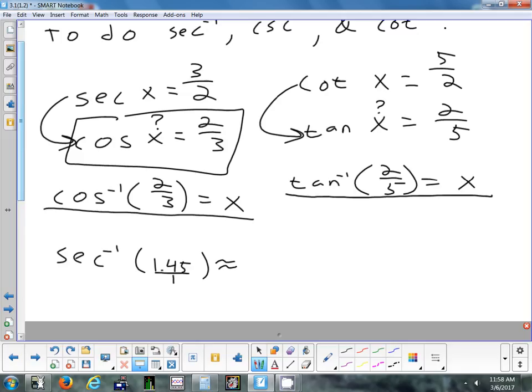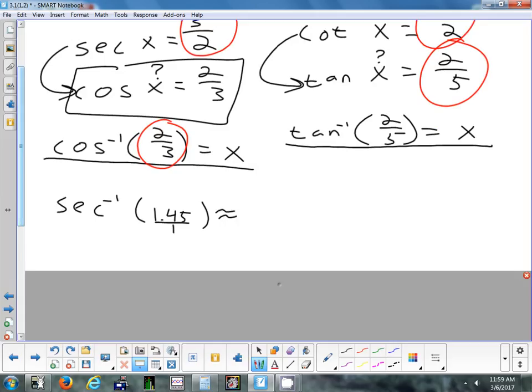So if you compare this and that, the two things I just circled in red, what happened when you rewrote it a different way? What happened to the 3/2? It flipped. That's the only thing that happens. That number flips.